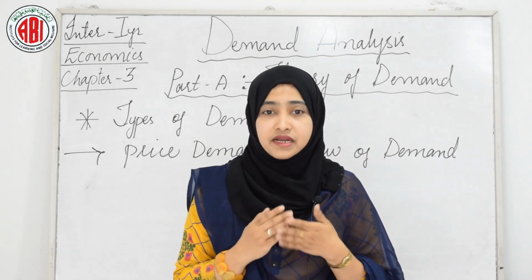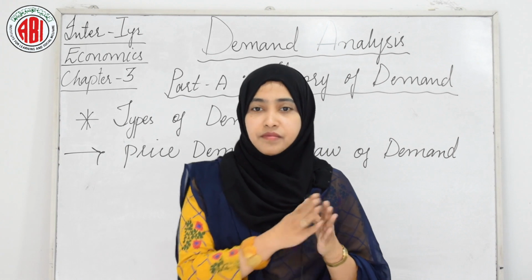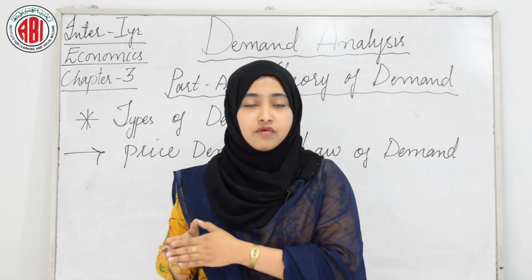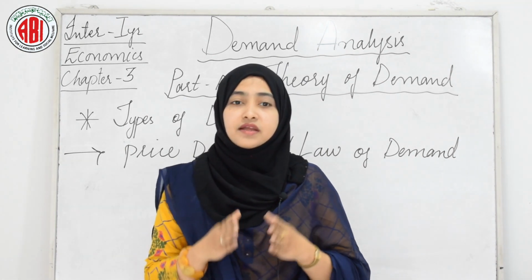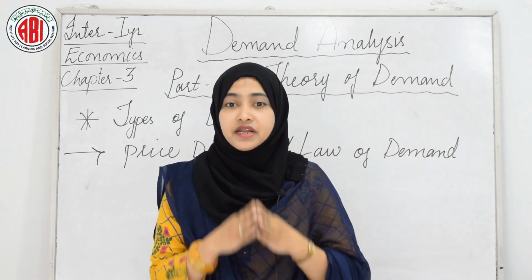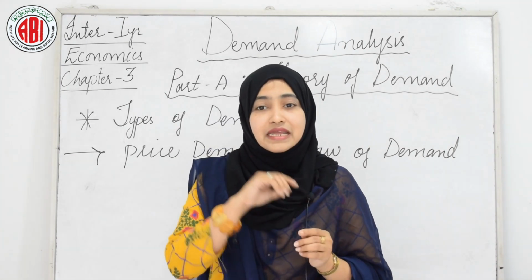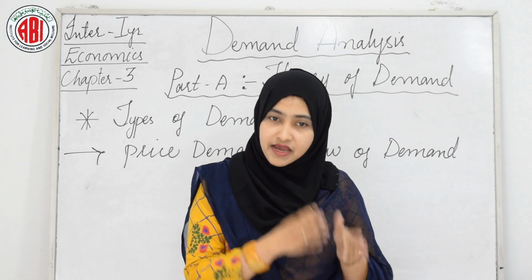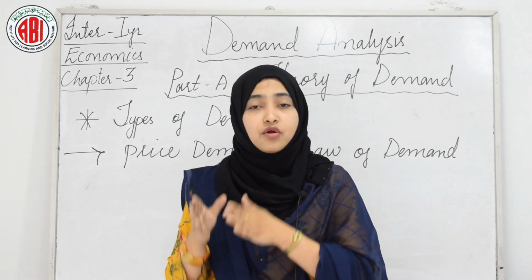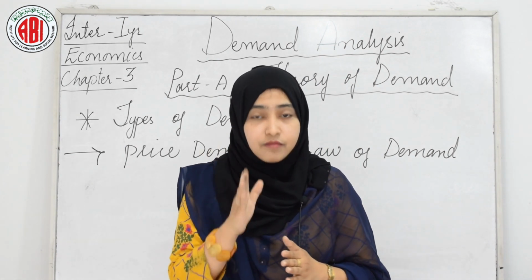Here the price demand explains the relation between the price and the quantity demanded of a commodity. Exactly. The price demand states that there is an inverse or negative relationship between the price and the quantity demanded of a commodity at a point of time.